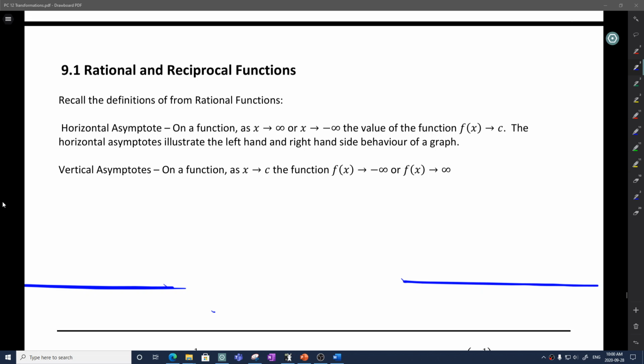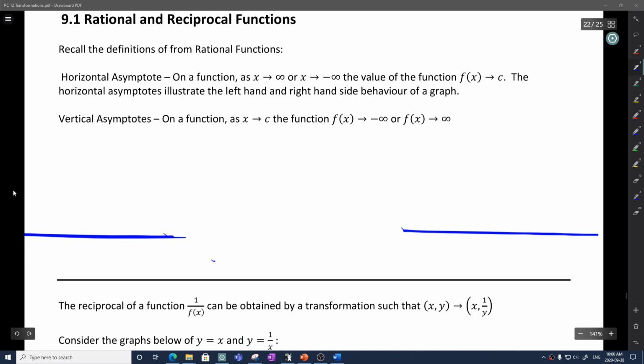So in grade 12 pre-calculus math in Manitoba, we're going to be taking another look at it, but from a transformation point of view. And generally the arguments will be much easier.